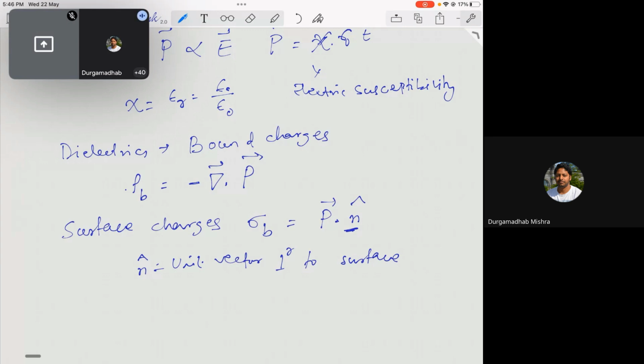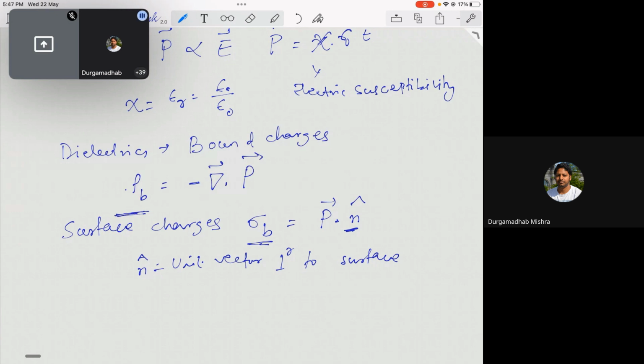What the electric field does is polarize the dielectric. Polarization means you are rearranging the charges within the dielectric, and due to this rearrangement you have either a bound volume charge or a bound surface charge.